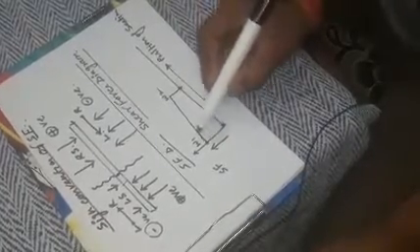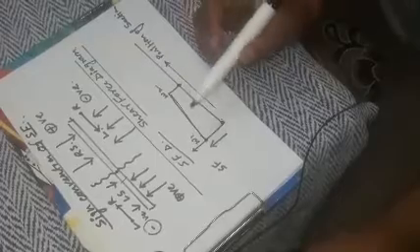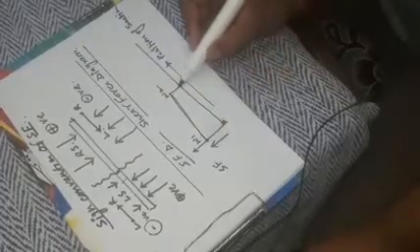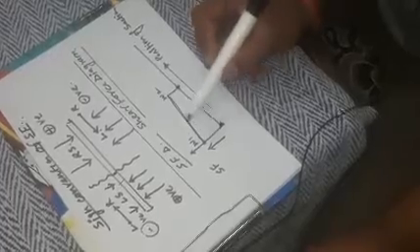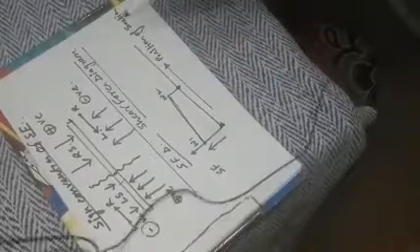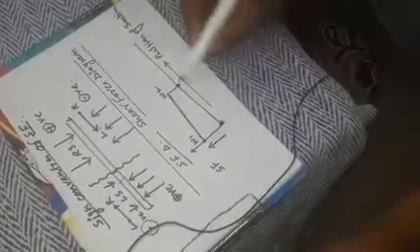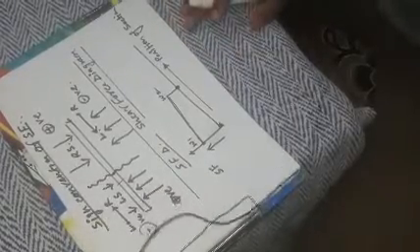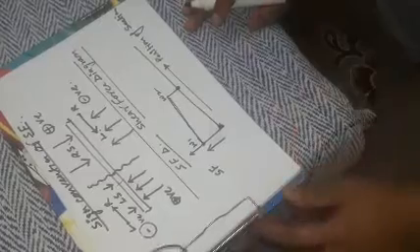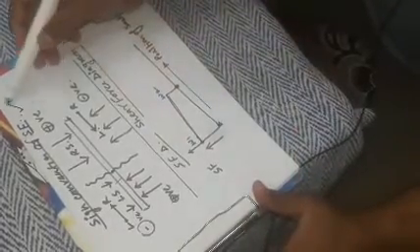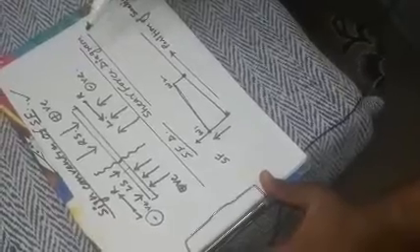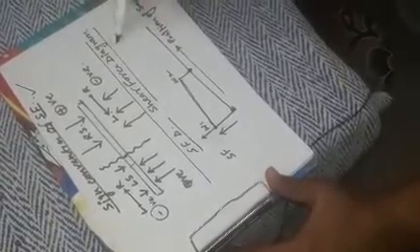So this variation shows that between these two load points, shear force varies by an inclined line. There is really a relationship between these two load points. Further we will discuss in detail by considering examples. So this is all about shear force sign convention and the shear force diagram.